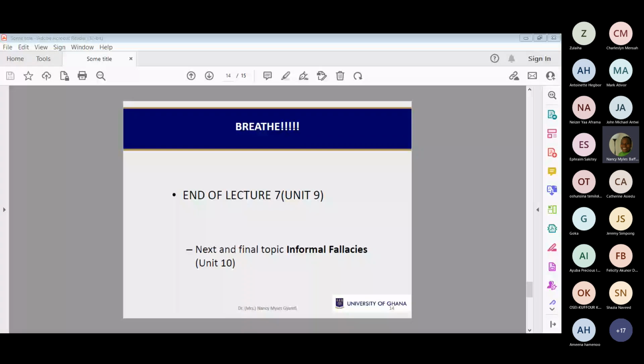Now, when you commit ad hominem based on the circumstances of the person, say, I don't think Kwabena should be made the class rep. We say why? He says, but he thinks that because his father is rich and they come from the presidential family, so he's here, he wants to come and boss it over us.